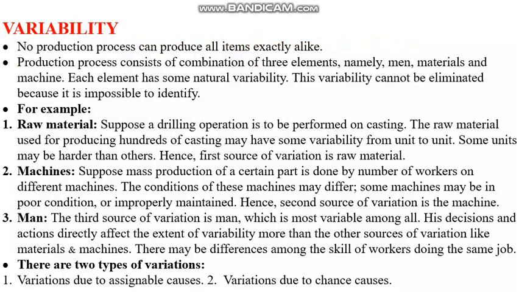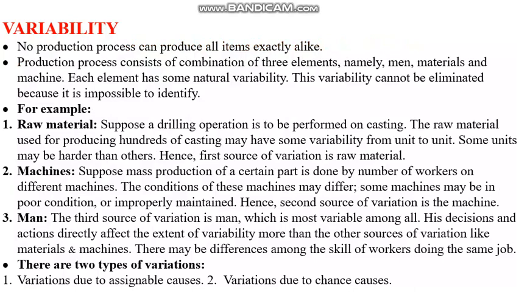It is practically not possible that two products can be alike in all respects, like no two human beings are exactly alike. Even identical twins, at least their fingerprints and other things are different.